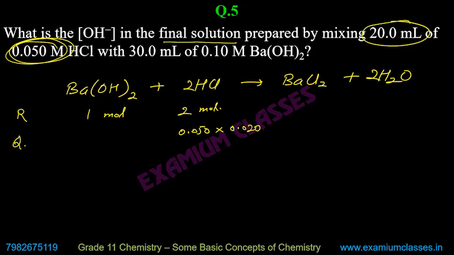Remember, I have converted volume to liters because it is given in milliliters. And barium hydroxide will be molarity 0.10 multiplied by its volume 0.030.